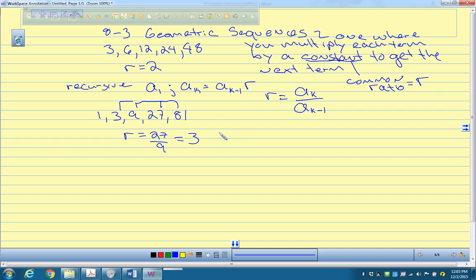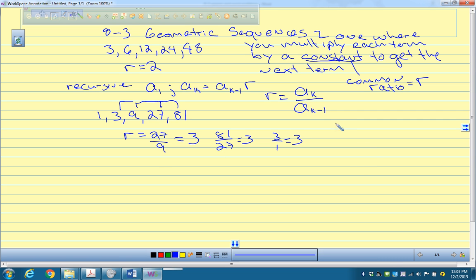Or 81 divided by 27 is equal to 3, because the opposite of multiplying is dividing. Or 3 divided by 1 is equal to 3. Sometimes they'll ask, is this sequence geometric? If you divide and you don't get the same thing each time, then it's not geometric.